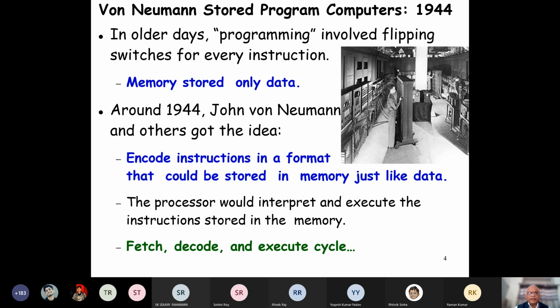And from that day onwards, all computers became fetch, decode, execute. The programs could be stored. That was the big contribution of von Neumann, stored program computers. The program instructions are fetched, decoded, and then executed using the data stored in the memory. Big improvement. And that is what we are almost doing till now.